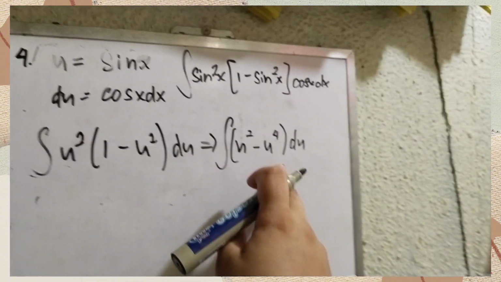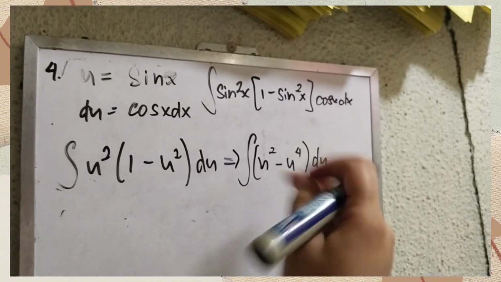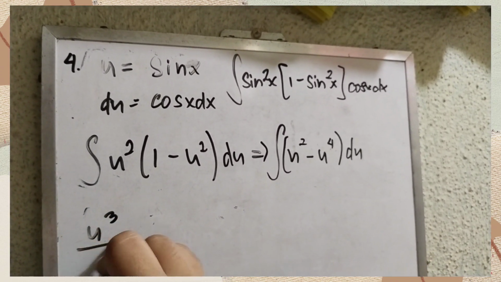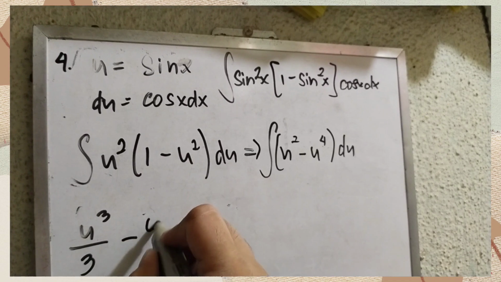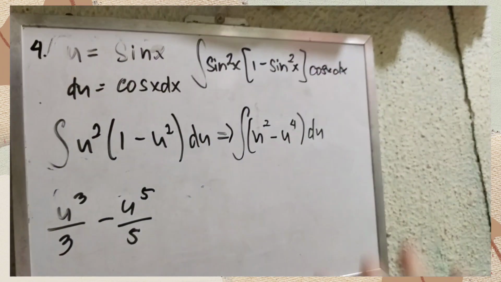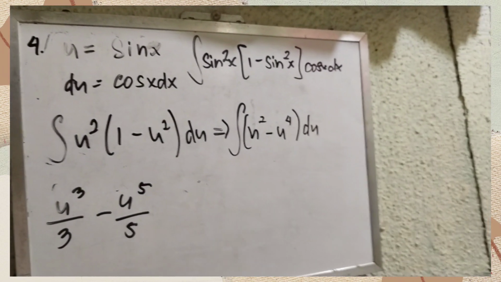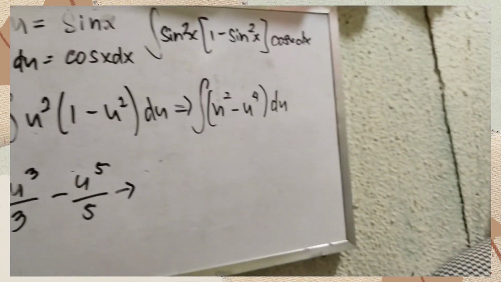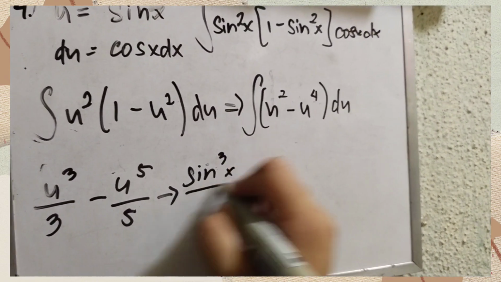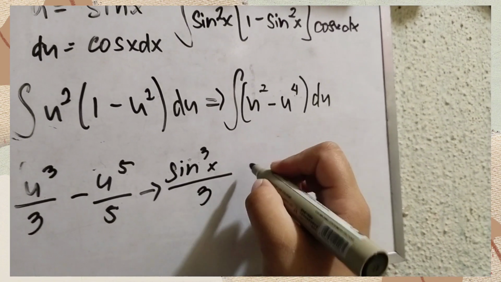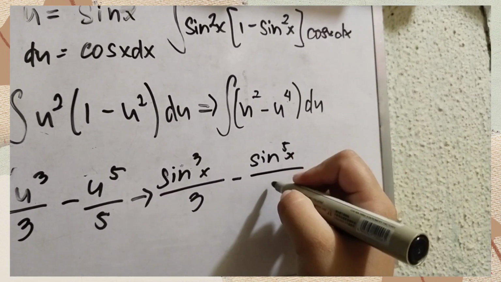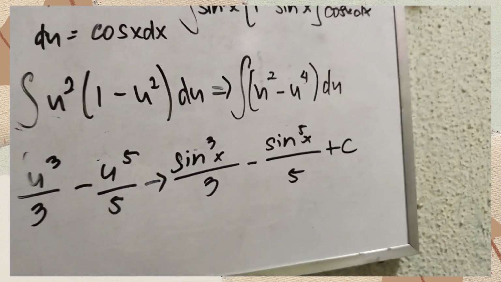After this one, let's take the antiderivative. So we will get u cubed over 3 minus u to the fifth over 5. And now we can re-substitute the values. So we will get sine cubed x over 3 minus sine to the fifth x over 5 plus c.